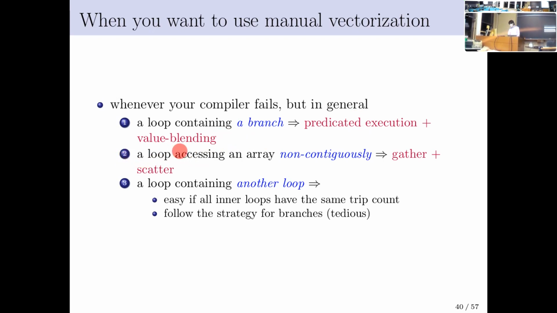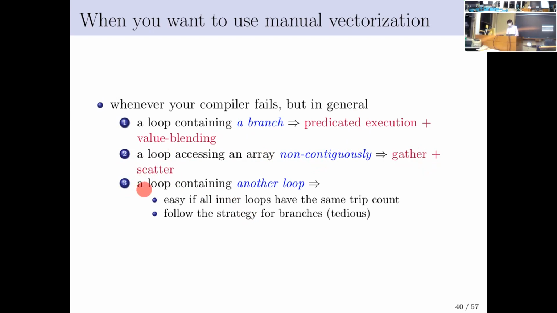Another situation is a loop accessing an array non-contiguously, as I said several times already, for which the CPU nowadays supports special load and store instructions called gather instructions and scatter instructions.